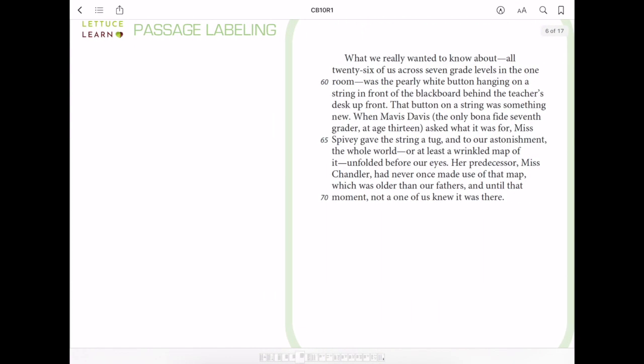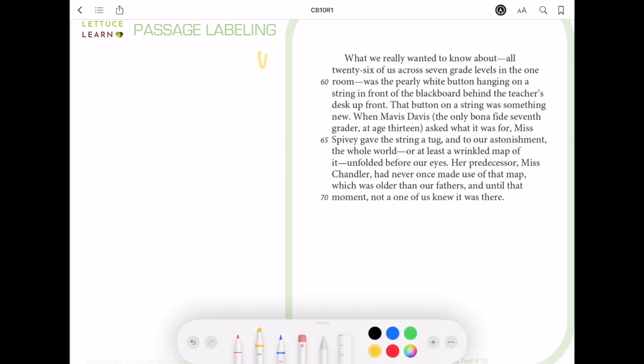The next paragraph starts with what we, the narrator, wanted to know. So finally, now it's about the narrator. Us equals narrator. And they wanted to know something. They had certain astonishment.